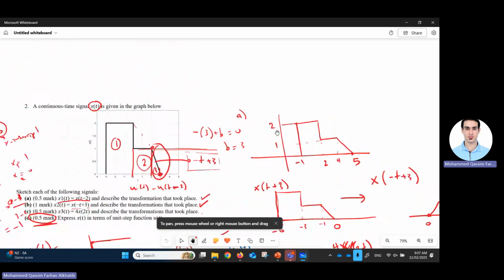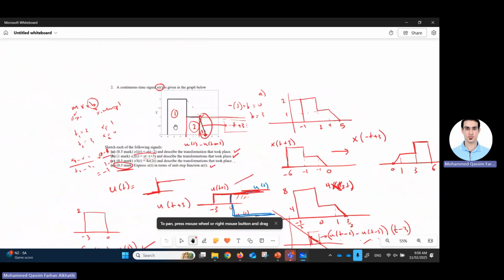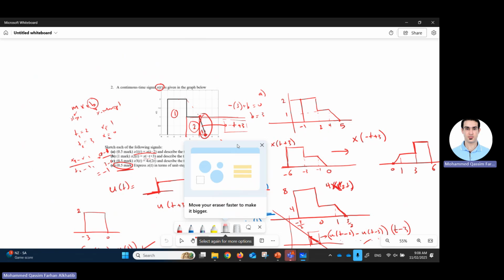All right, so this is the example. Let's see if I can grab this. It says that if you have this function and you want to represent it as a summation of step functions, let me see if that will work.